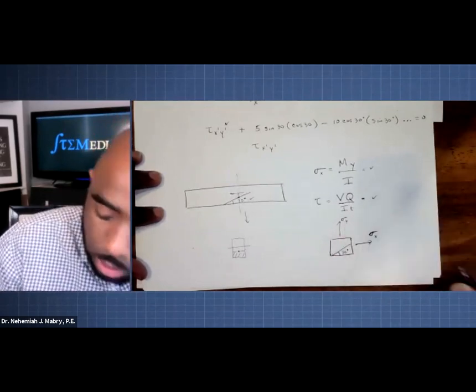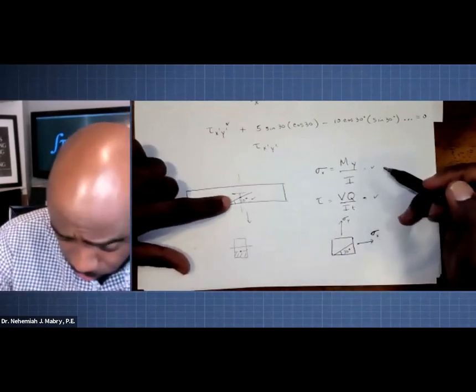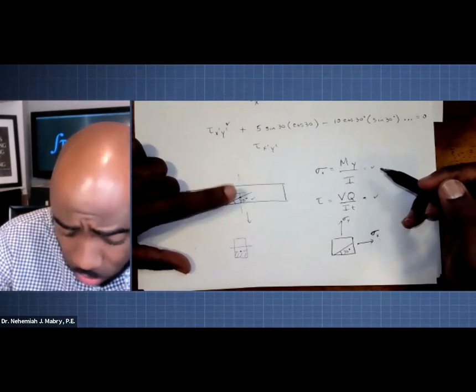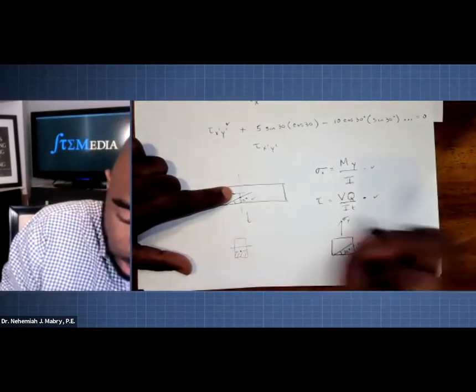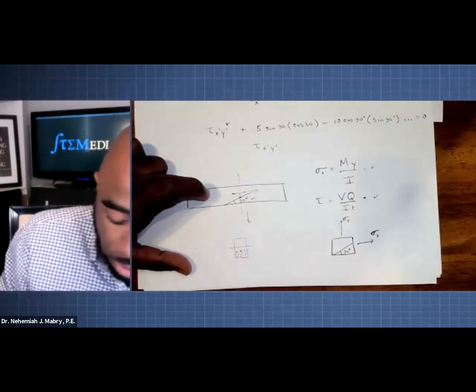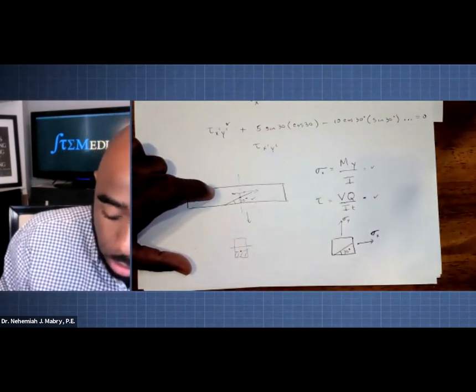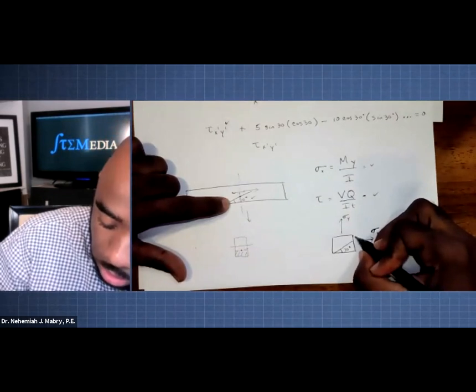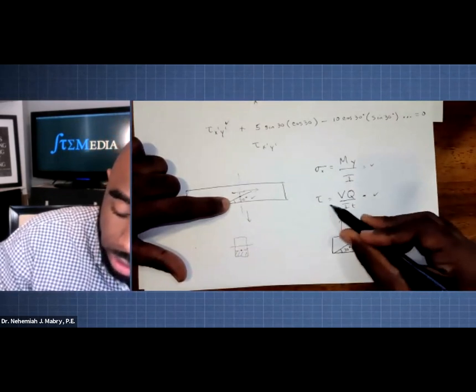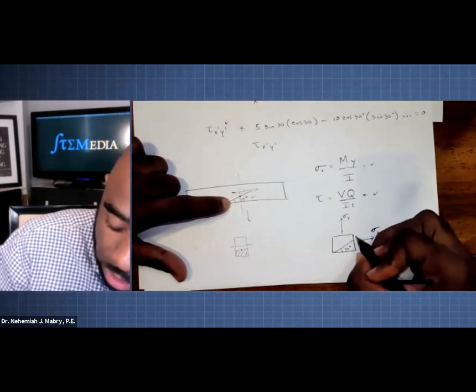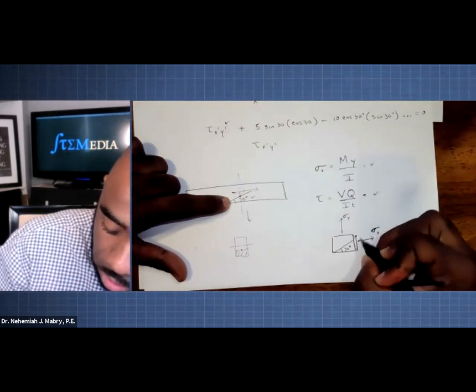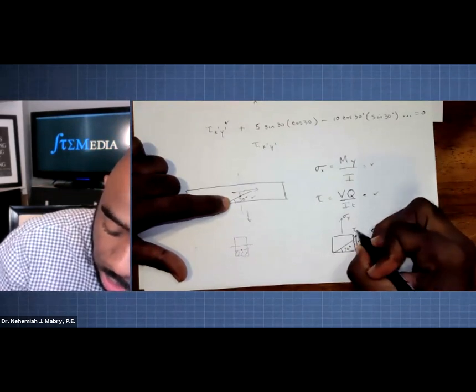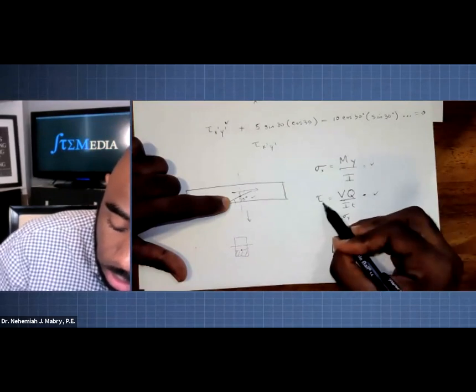But in this case, there is no sigma y, right? So all you have is basically the stress coming out of here. And then you have your shear, which depending on if this is positive or negative, let's just say it's positive. This value here is going to be your tau, whatever that is.